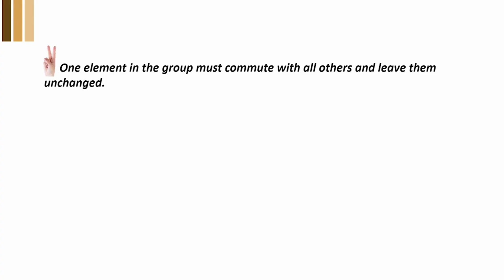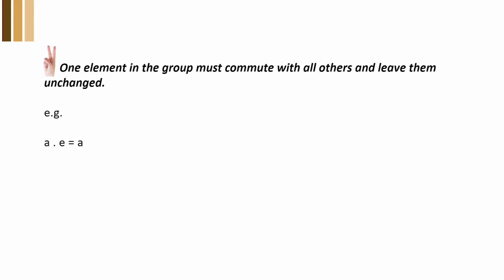Point number 2 states that one element in the group must commute with all others and leave them unchanged. It means that if A is multiplied with something and the answer is A, then we have defined that E is that element which does not alter the magnitude of A, and therefore E is designated as the identity element.